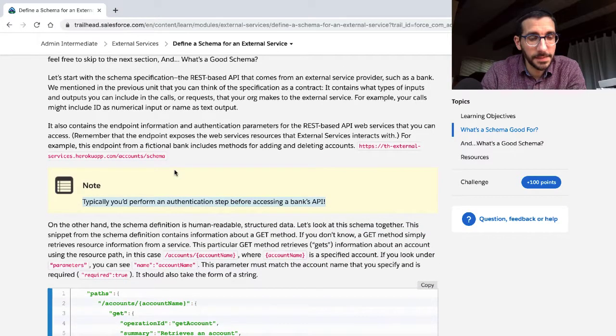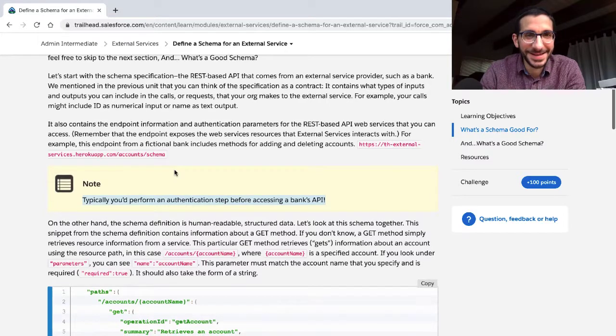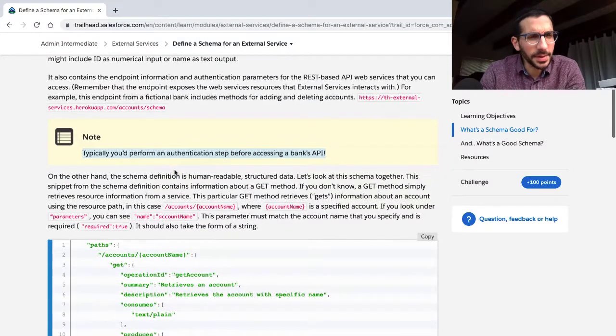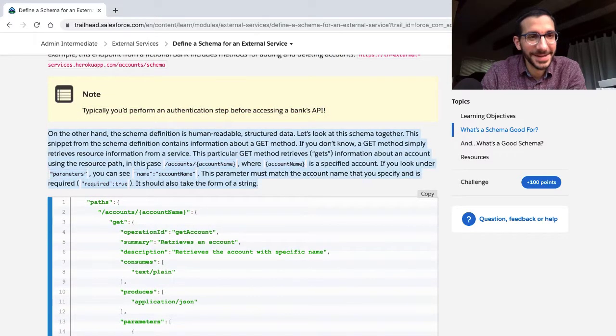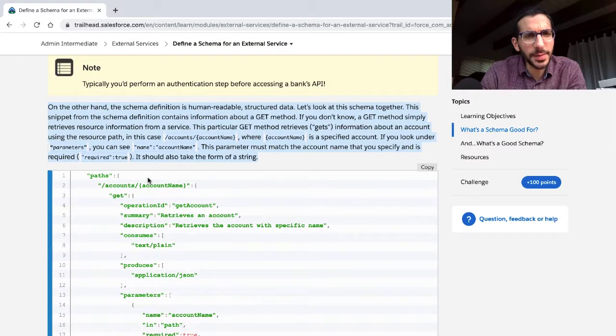Almighty, this makes no sense to me. Note, typically you'd perform an authentication step before accessing a bank's API. Duh. On the other hand, the schema definition is human readable, structured data.